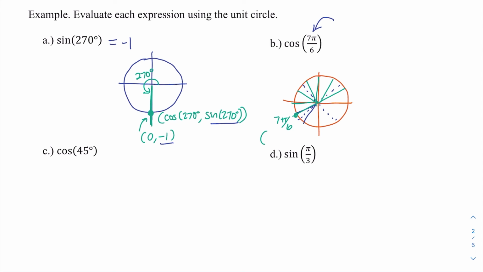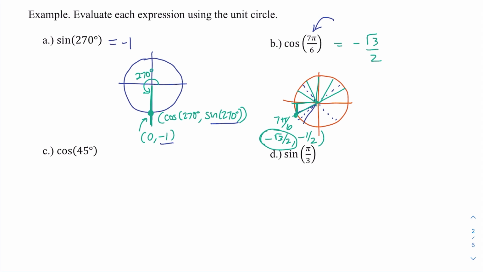Well, the point there is the longest way out that I have, besides being right at the very left on the x-axis, but besides that, it's not the farthest one out. So this is -√3 over 2. And then it's the shortest distance down that I have, so that's going to be -1/2. Since I'm asking about cosine, this is going to be equal to the x-coordinate, so this is -√3 over 2.